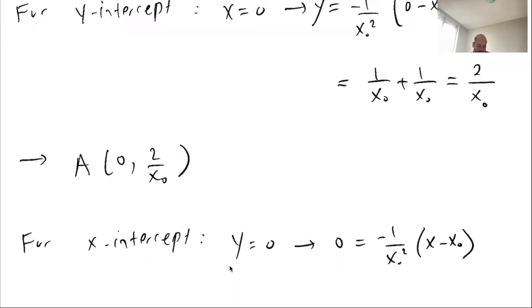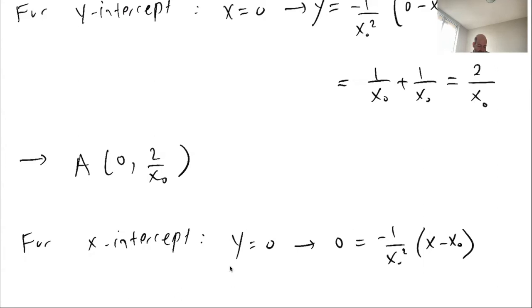That gives 1 over x0 squared times x minus x0 equals 1 over x0. If I multiply both sides by x0 squared, then x minus x0 equals x0, which means x will be equal to 2x0. So the point B will be 2x0 and 0.